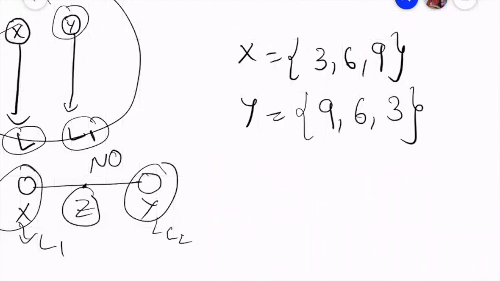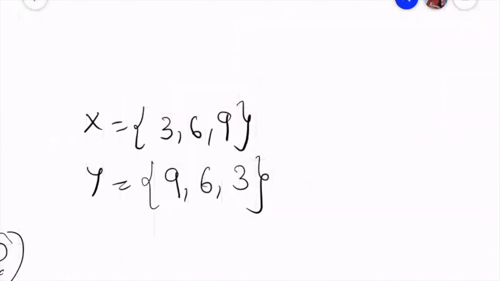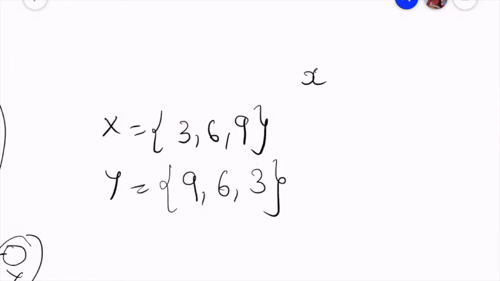For that, I'm taking an array which contains 3 elements, and I'm considering Y, which is a permutation of X, as 9, 6, 3. If we consider the condition Xi less than Xj, this condition works for the X coordinates, like for these 2 elements and these 2 elements.